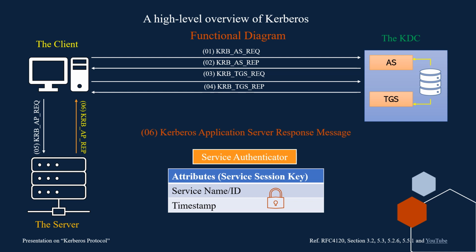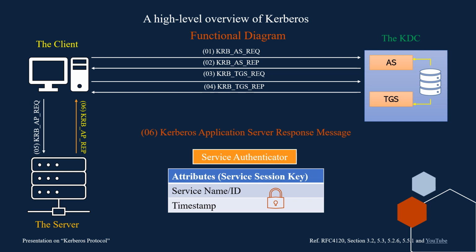So along with these messages, we are seeing that for almost every message there is a timestamp. Kerberos is very sensitive to time, and all the servers need to be synchronized properly.